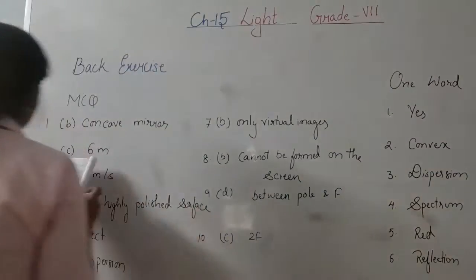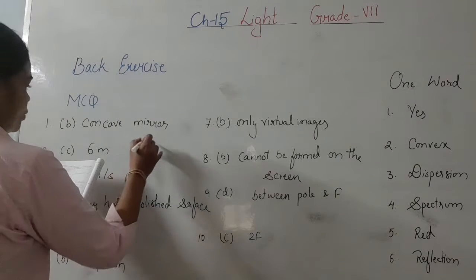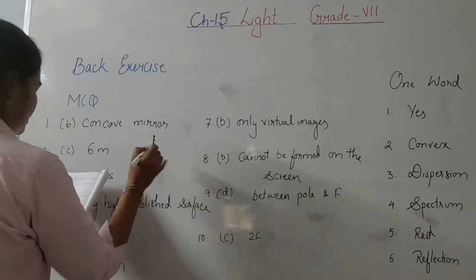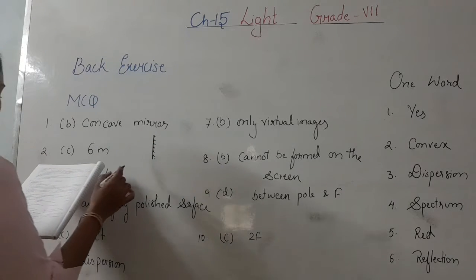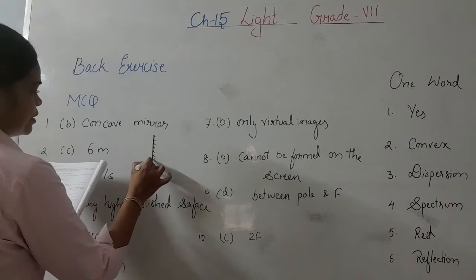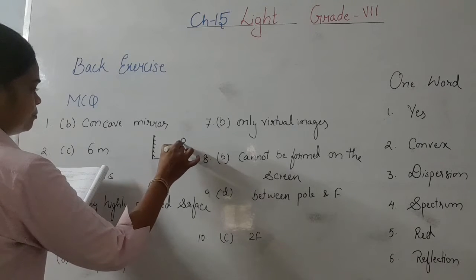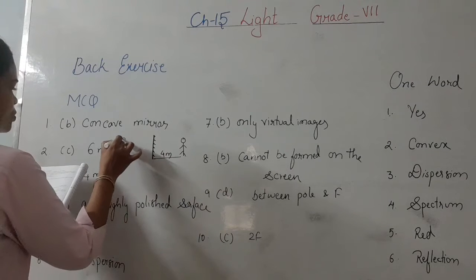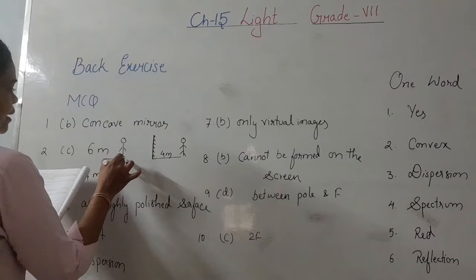So, what is the question? This is the plane mirror. If the image of Sonu is formed here, the distance is 4 meters, and Sonu is also standing at 4 meters.